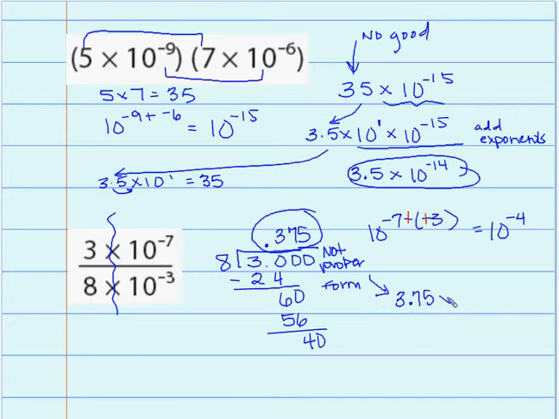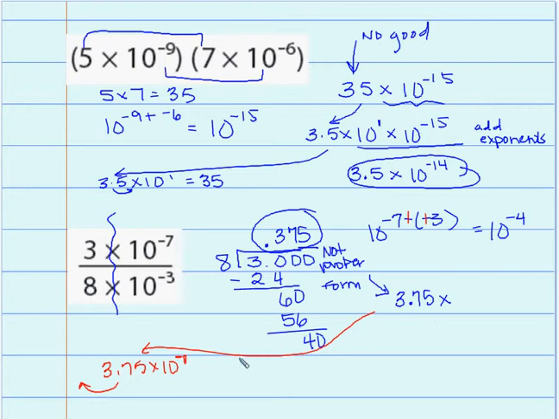3.75 times. Now, which way would I move the decimal? I'm going to take this over here, 3.75 times 10. I need to move my decimal this way. And moving the decimal to the left is a negative power of 10.